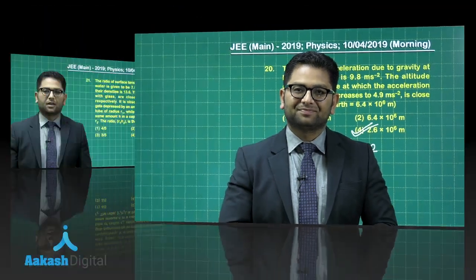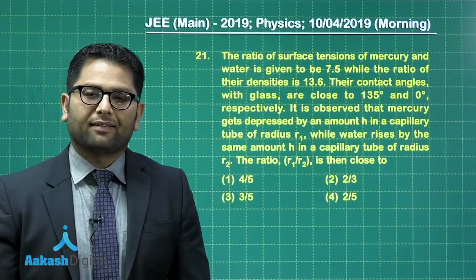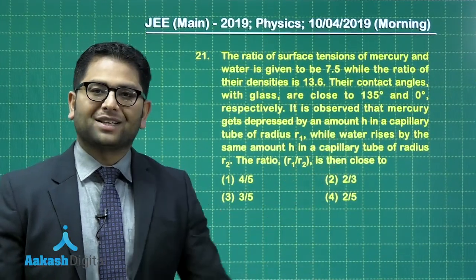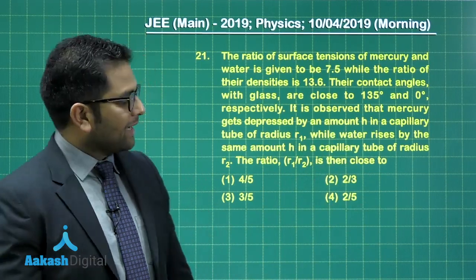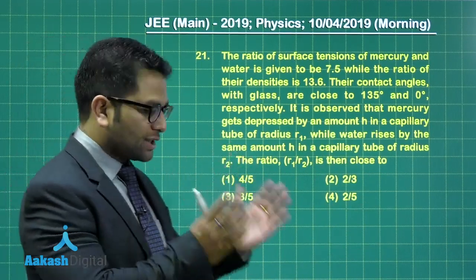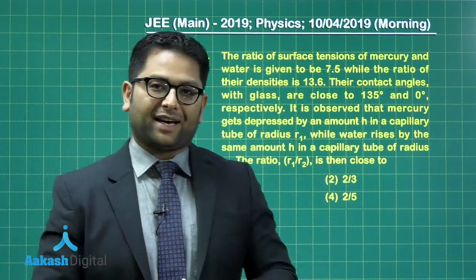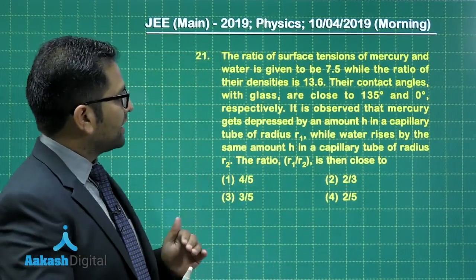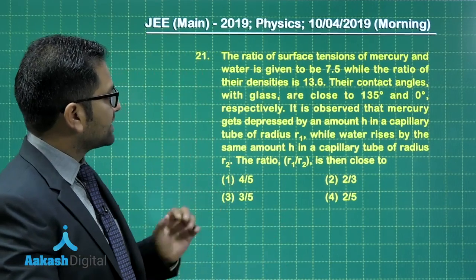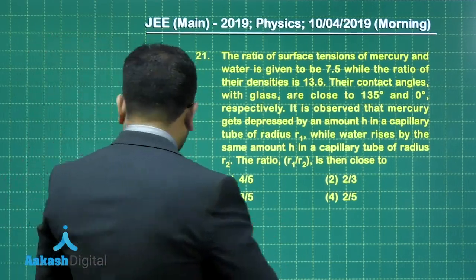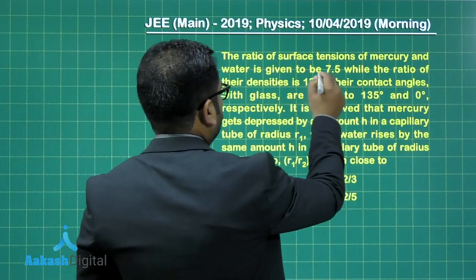Let's move. Question number 21, that has been put from properties of matter, and more specifically surface tension, the capillary effect. Now there are 2 liquids, one is water, other is mercury. The ratio of surface tension has been given.